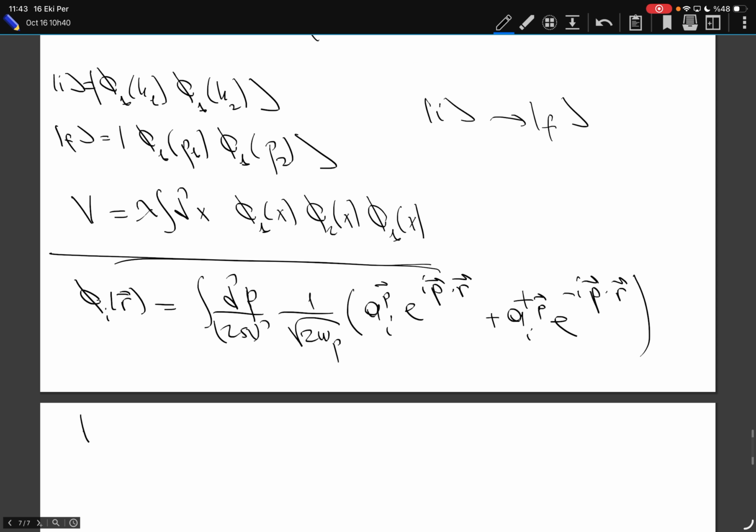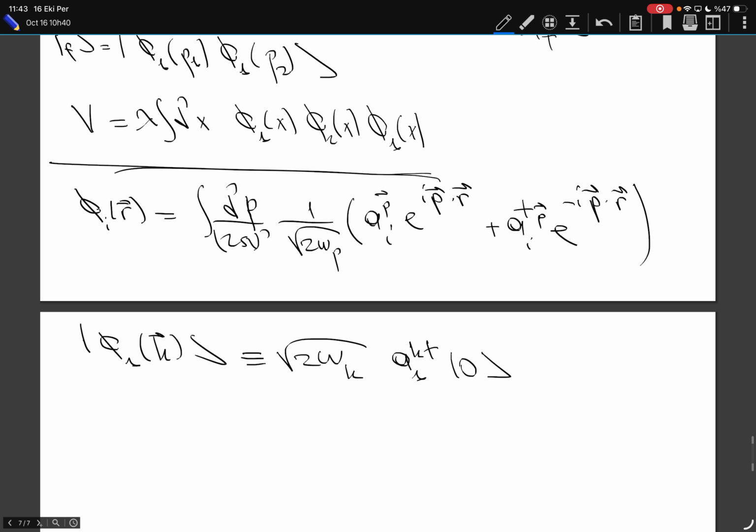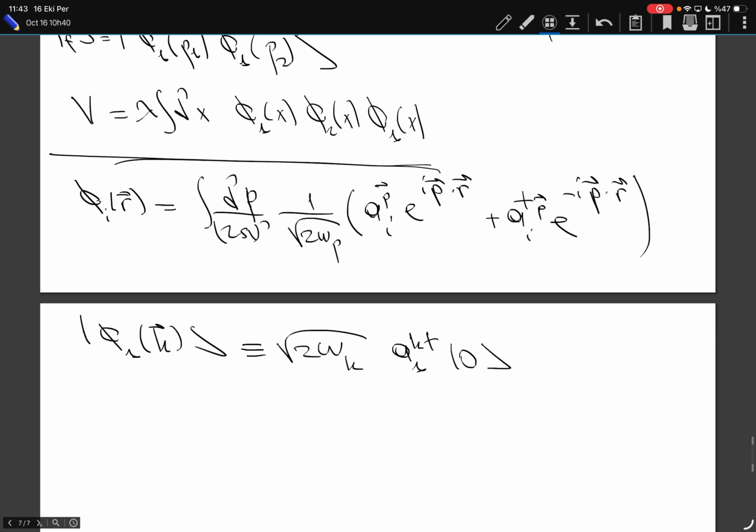And this state, phi1 of, let's say, k, is defined as square root of 2 omega k, a_1 k dagger acting on vacuum, and phi 2, let me say, just call i.